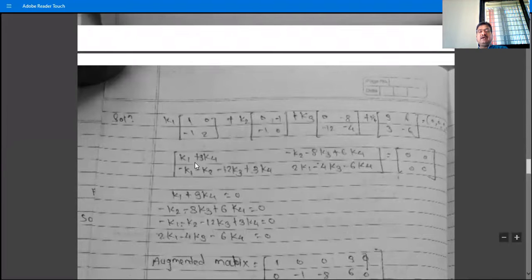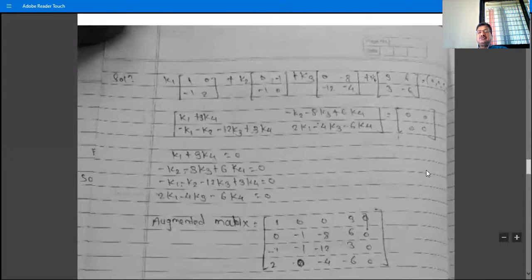So we have k1 plus 3k4, then -k2 minus 8k3 plus 6k4, and similarly -k1 minus k2 minus 12k3 plus 3k4, and then 2k1 minus 4k3 minus 6k4 is equal to 0 0 0 0.